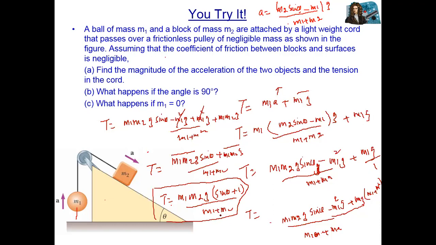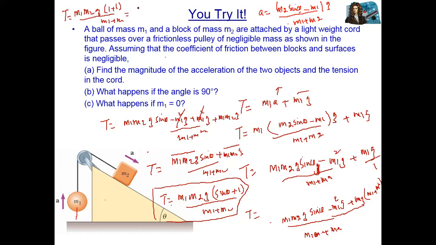This was part number A. So what is B part? In B part, it is just given that when angle is 90 degree. So if you take sine 90, what is the value of sine 90? Yes, sine 90 is equal to 1. So we have tension is equal to M1 M2 G and sine 90 plus 1 divided by M1 plus M2.